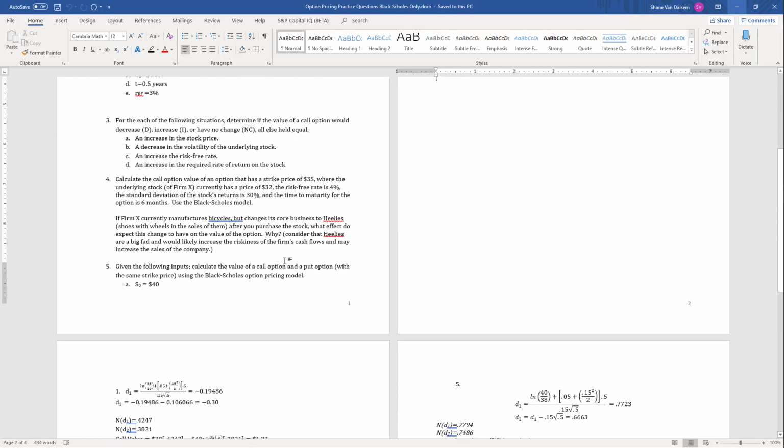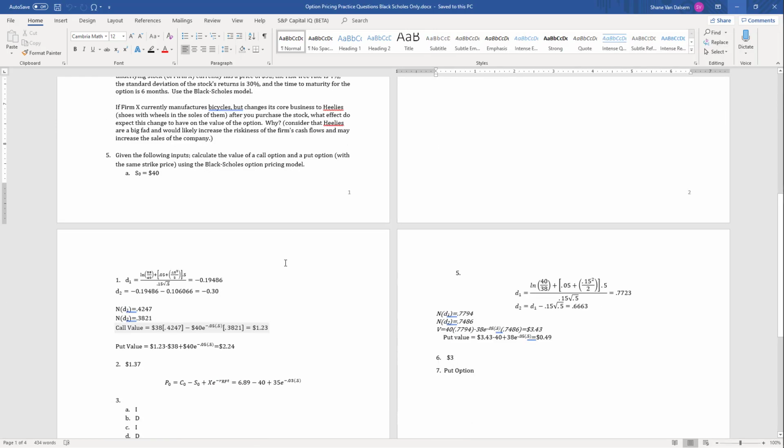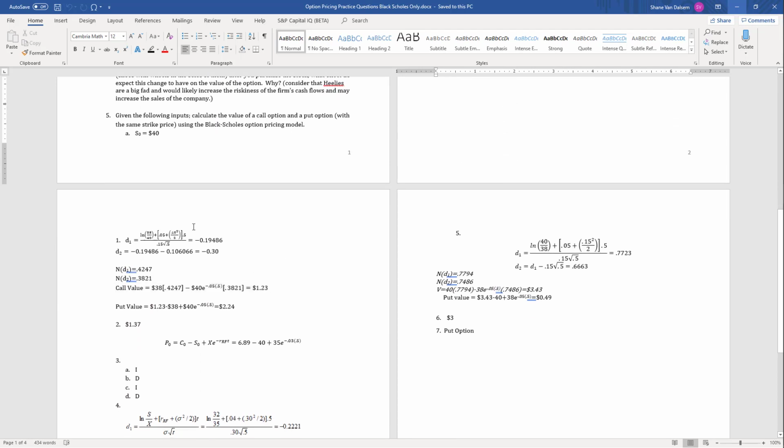Let's look at what the call value is when doing it by hand. Again, this is happening because we are estimating. When we do it by hand, we're using that table, and that table only goes out to the tenths value for that D1 and D2.